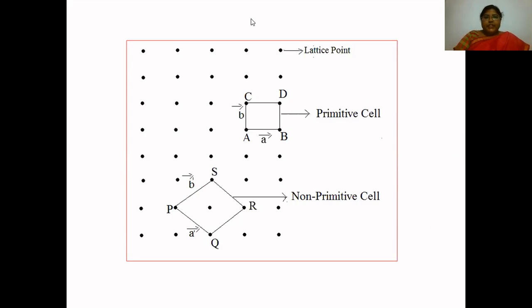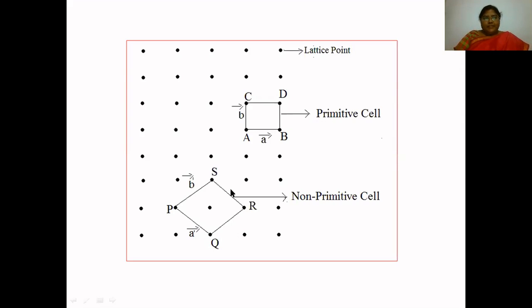If you take ABCD, at the corner A, the whole atom is not included in this primitive cell. Only 1/4 part of the atom is shared by the primitive cell. So totally we have 4 lattice points at the corners. Each lattice point contributes only 1/4 part. Therefore, 4 into 1/4 is equal to 1 atom per cell.